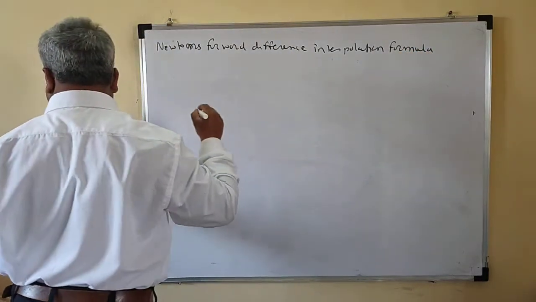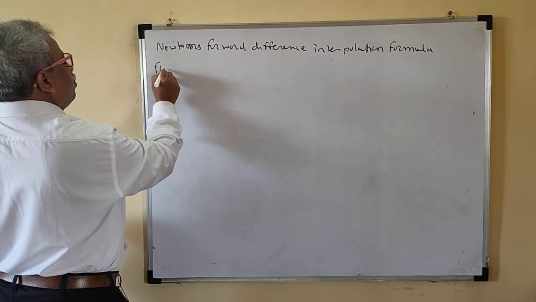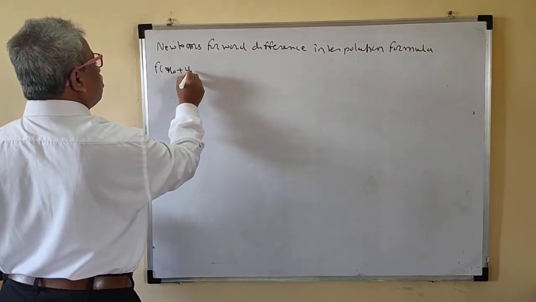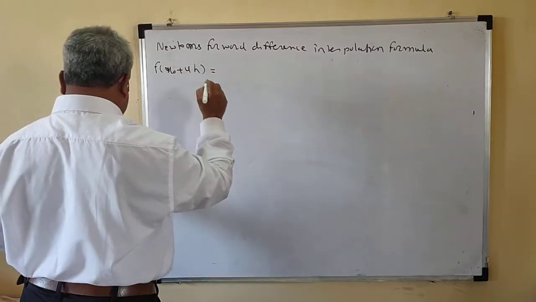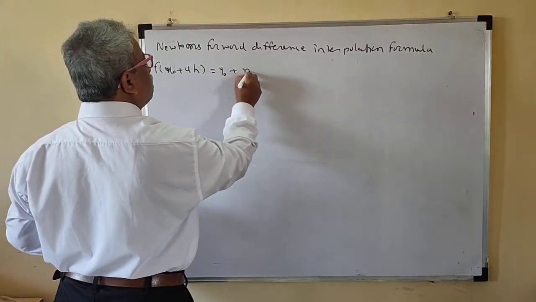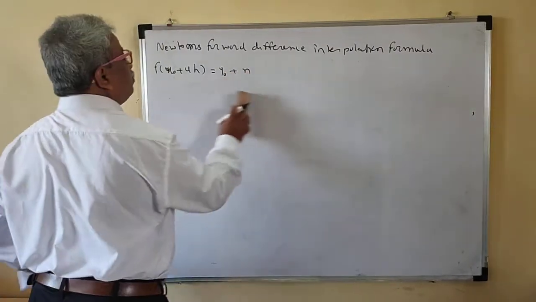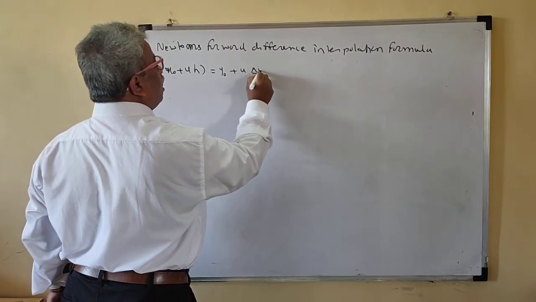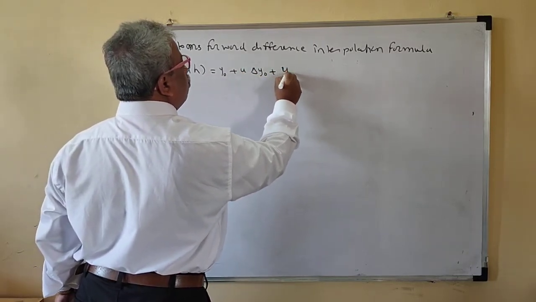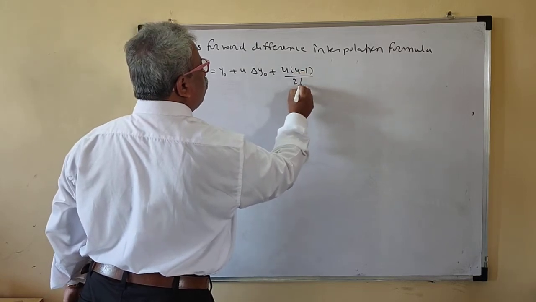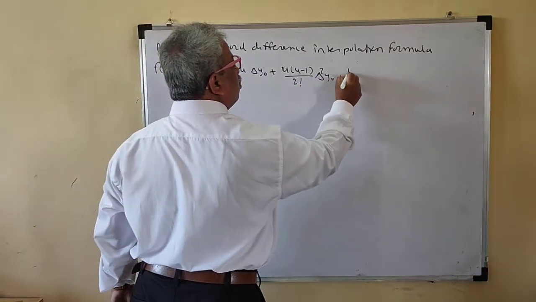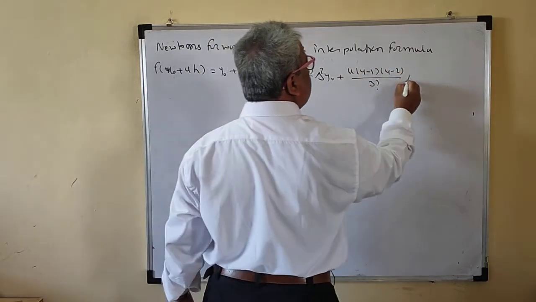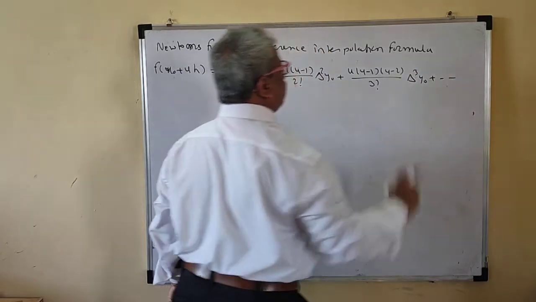So this is f of x naught plus u h is equal to y naught plus u delta y naught plus u into u minus 1 upon 2 factorial del square y naught plus u into u minus 1 into u minus 2 upon 3 factorial del cube y naught plus and so on.